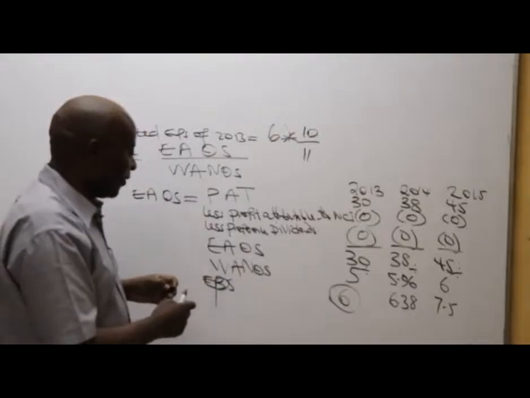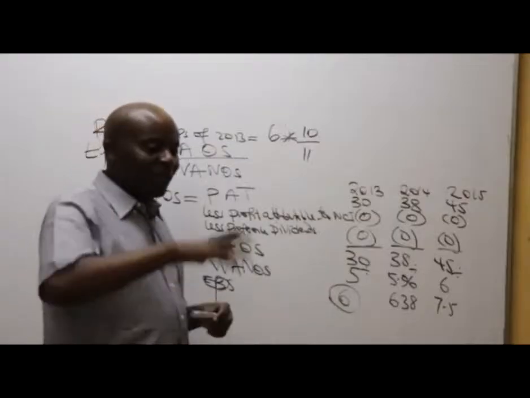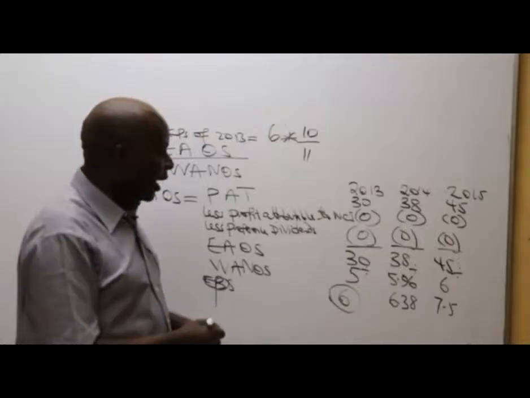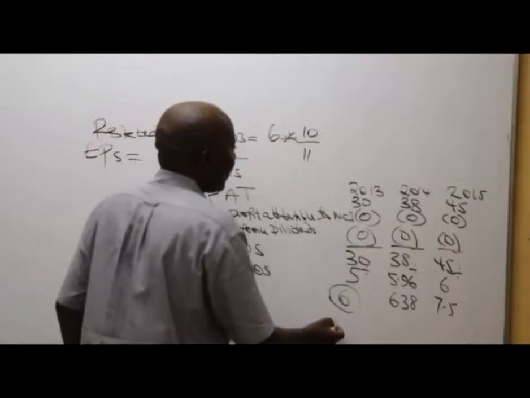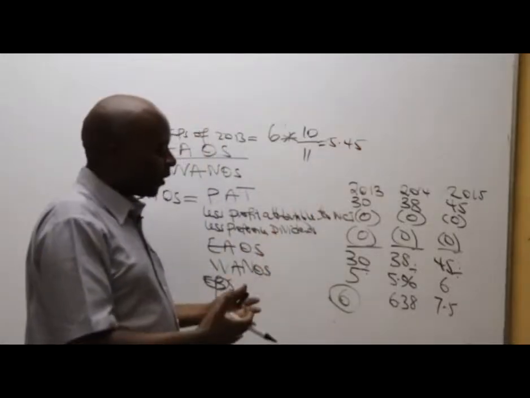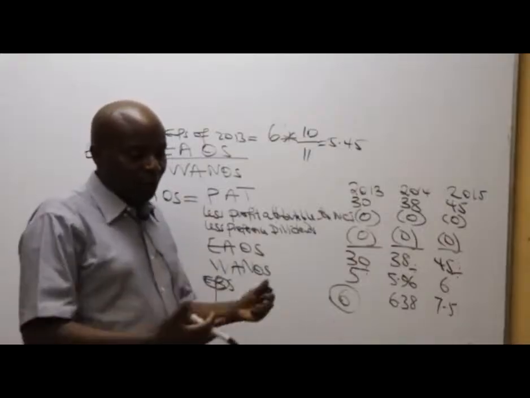So the comparative, the restated EPS. Remember the bonus fraction was 11/10, now here we have to do the opposite. So it's 5.45, which actually even confirms that there is a very high growth rate.